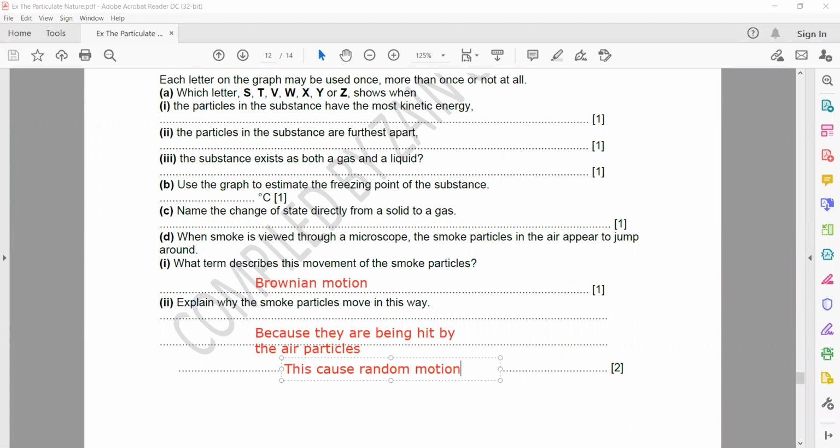So the smoke or dust particles are continuously hit by air particles, and this causes a random motion. Or you can mention here that lighter air particles are colliding with the smoke particle, exerting force and causing a random motion.